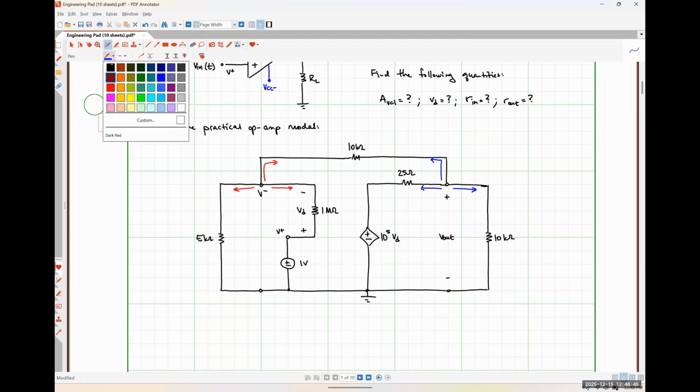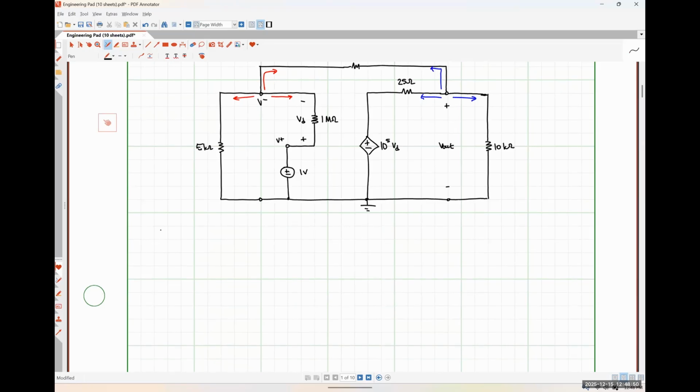So applying KCL at the inverting input node, do that over here. I'm going to have V minus over 5 kilo ohms. And I'm going to have V minus minus V out over 10 kilo ohms.